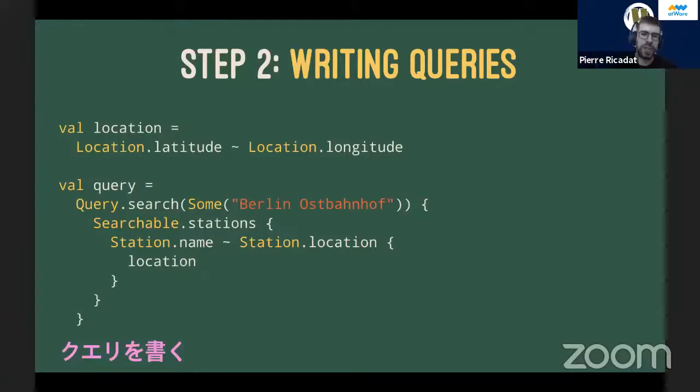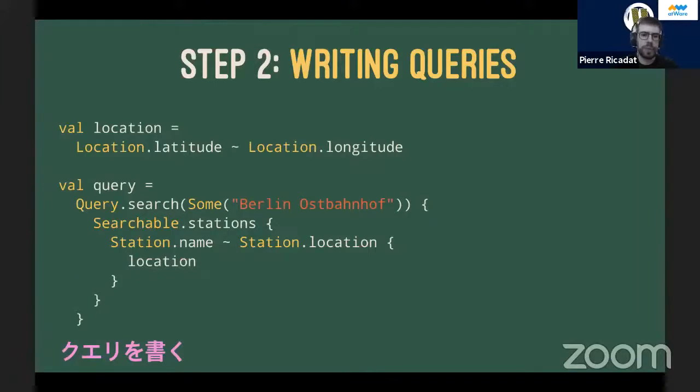You can pick station, open braces, and then it's going to request a station. You don't even need to look at documentation. You can just self-discover your API using the Scala code and letting your IDE show you what's there. That's how you create a query using Scala.